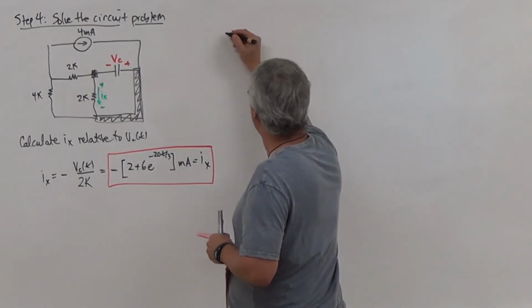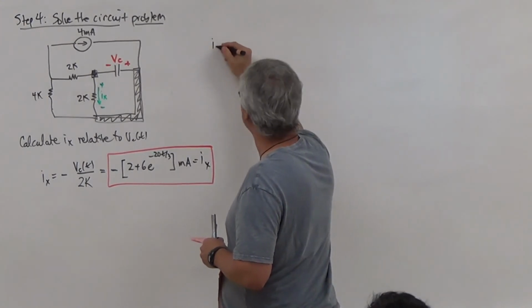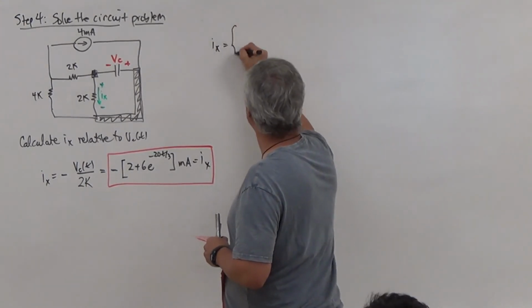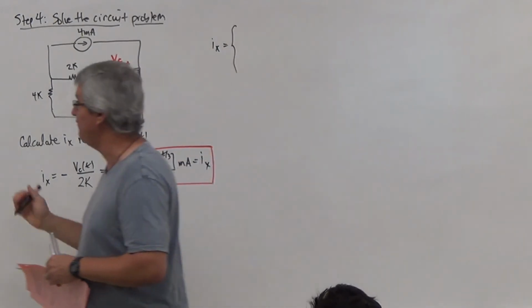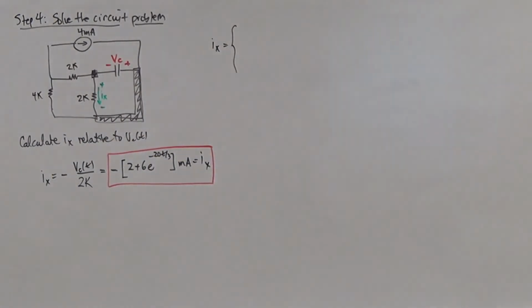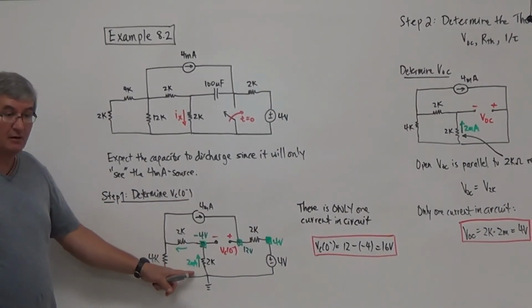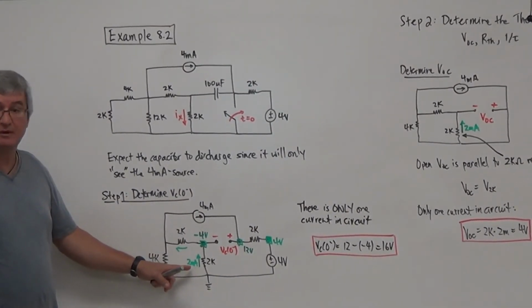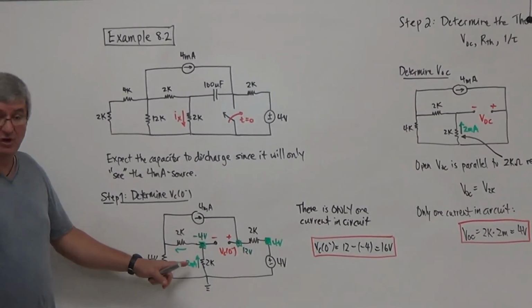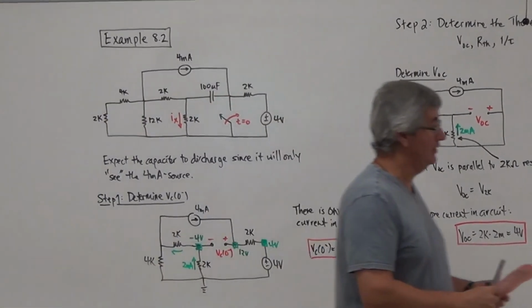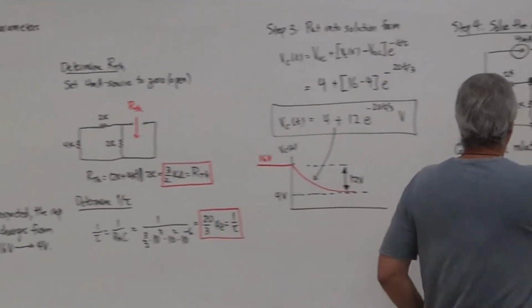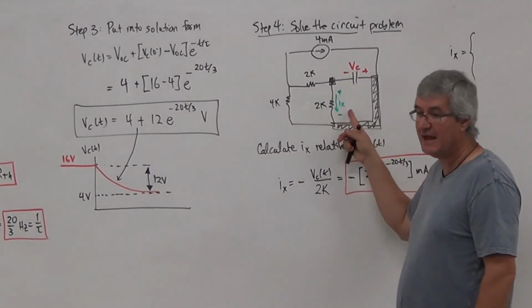If I look at this IX here, there is a time before the switch was thrown. So if we go back to the circuit here, we agree that at VC, at 0 minus, we could see that this current across the 2K was 2 milliamps. But relative to this sign here, it's negative.